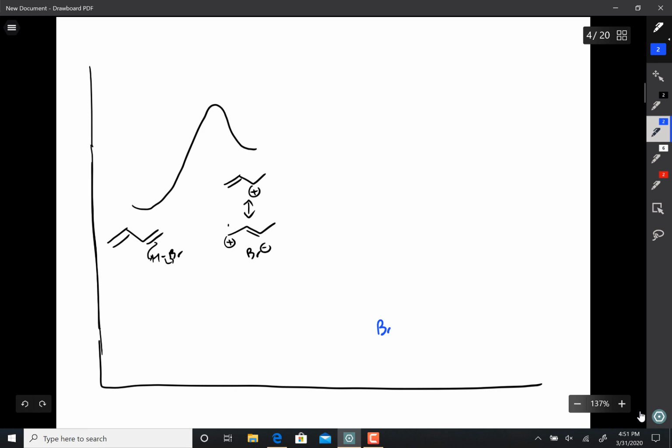The more stable one is this one, based off of Zaitsev's rule. The less stable one is this one.